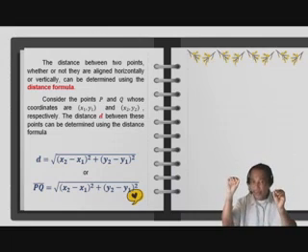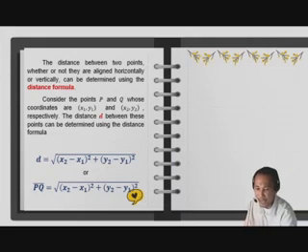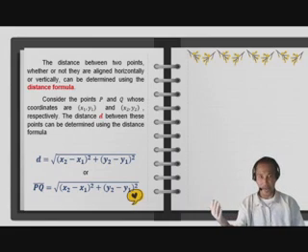Sa point 2, mayroon din tayong x sub 2, y sub 2. At yun ang ating gagawin dito. So, D is equal to the square root of x sub 2 minus x sub 1 quantity squared plus y sub 2 minus y sub 1 quantity squared.